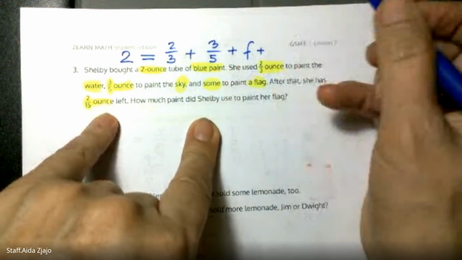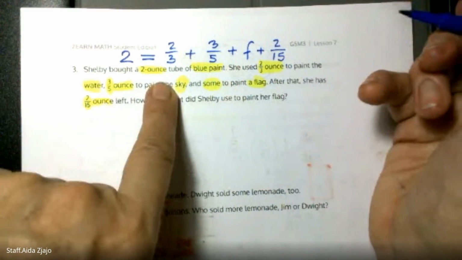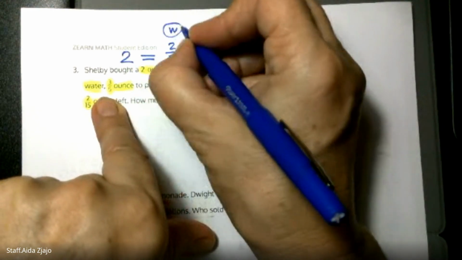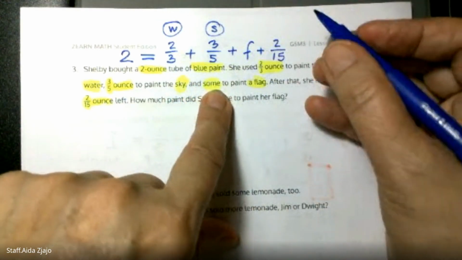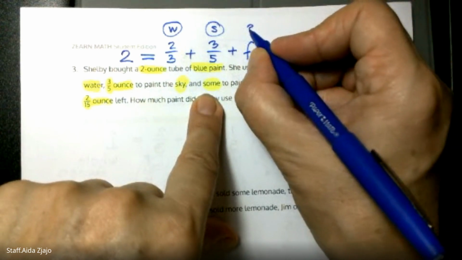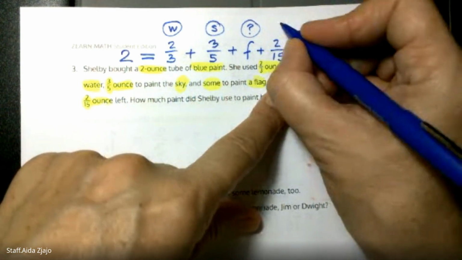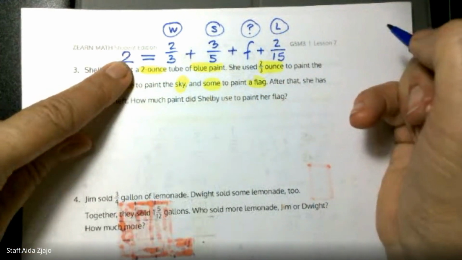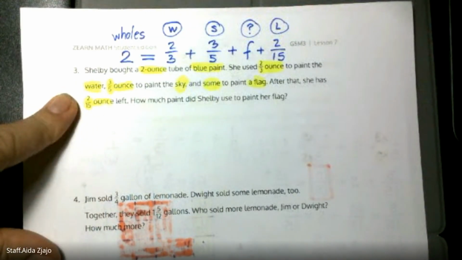Plus the 2/15 that is left. So this is paint for water. This is sky. This is the leftover, which we don't know. F for a flag. And this is left. All is 2 wholes. 2 wholes. 2 ounces.